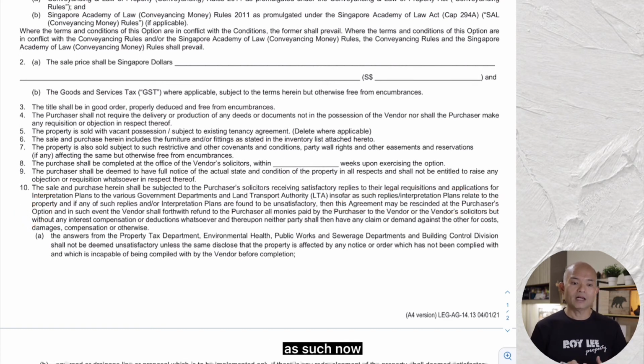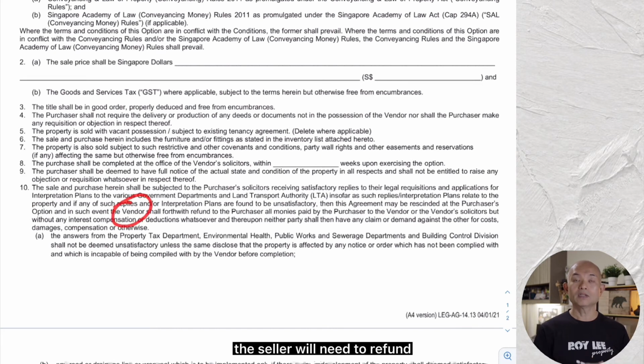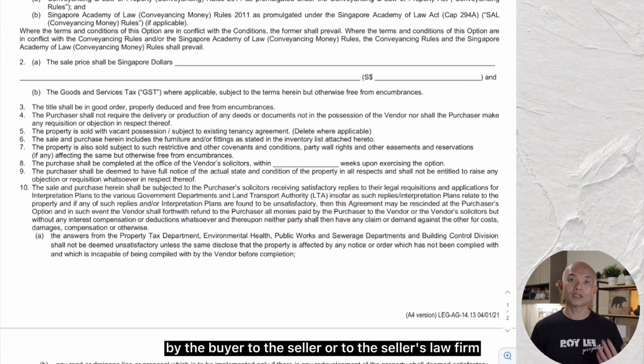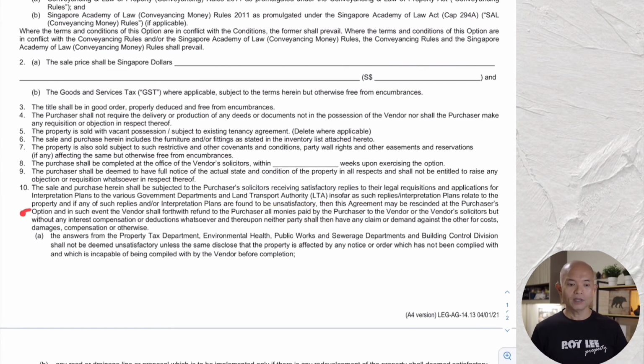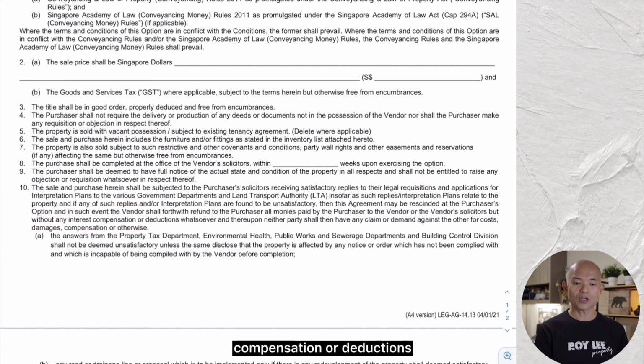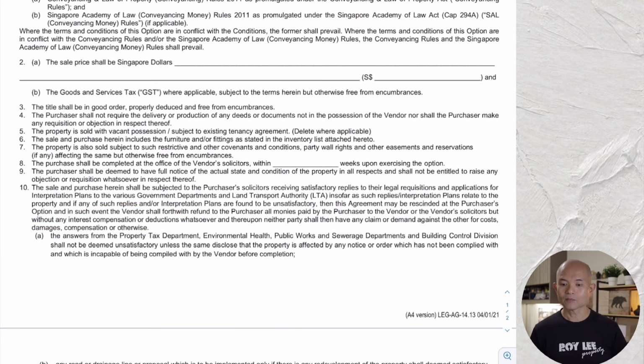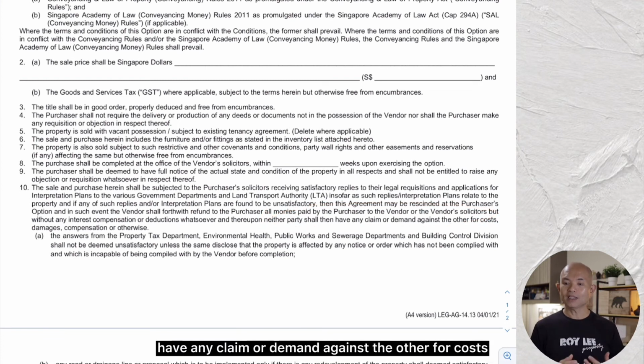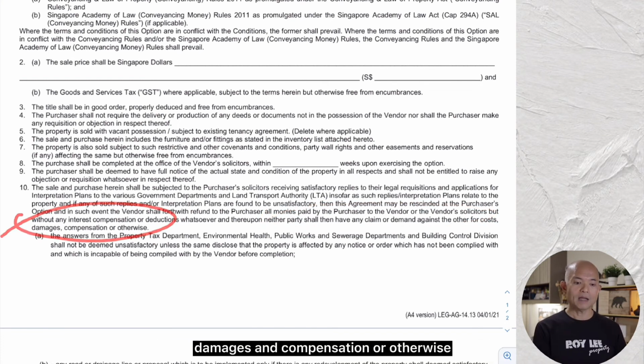As such, the seller will need to refund to the buyer all monies paid by the buyer to the seller or to the seller's law firm, without any interest, compensation or deductions. Neither party shall then have any claim or demand against the other for costs, damages and compensation or otherwise.